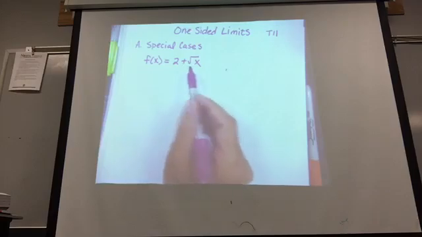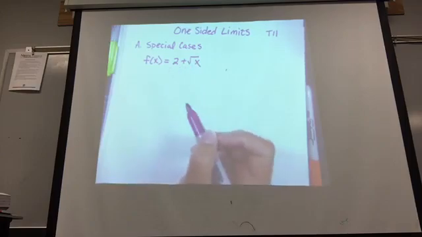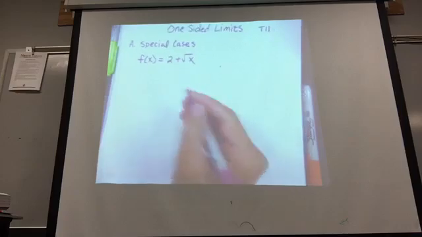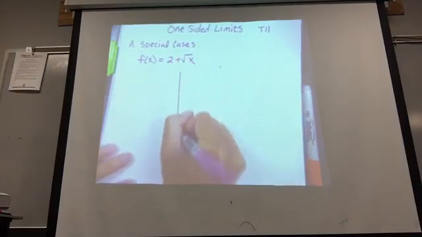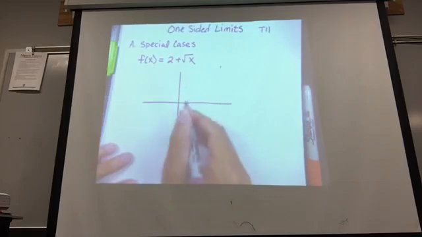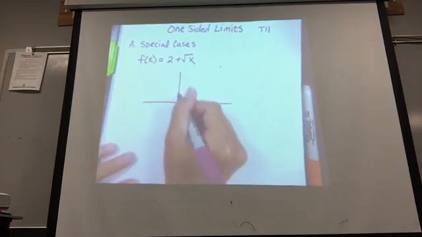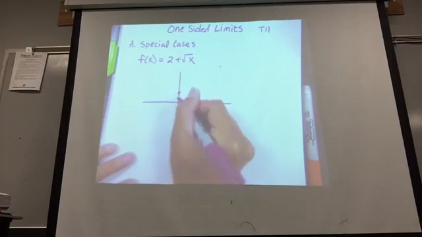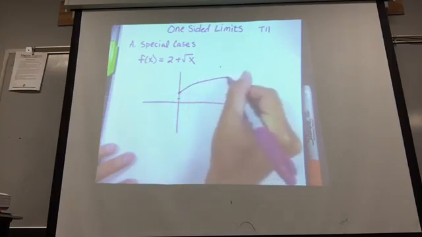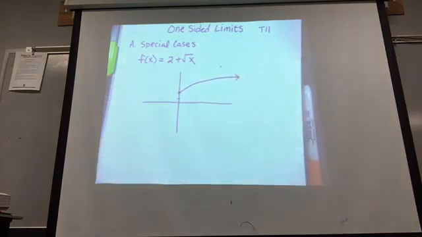From pre-cal, I know this is a square root function with a constant added to it, so it's shifted up 2 units. It's going to look like that.